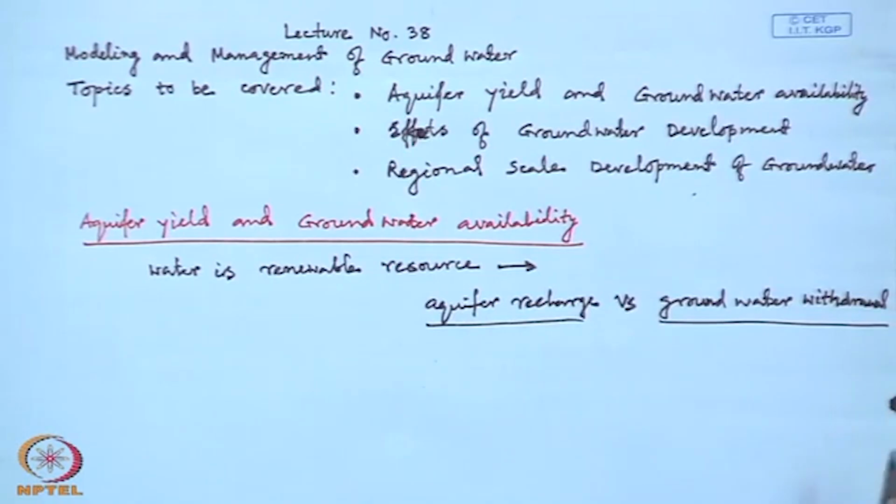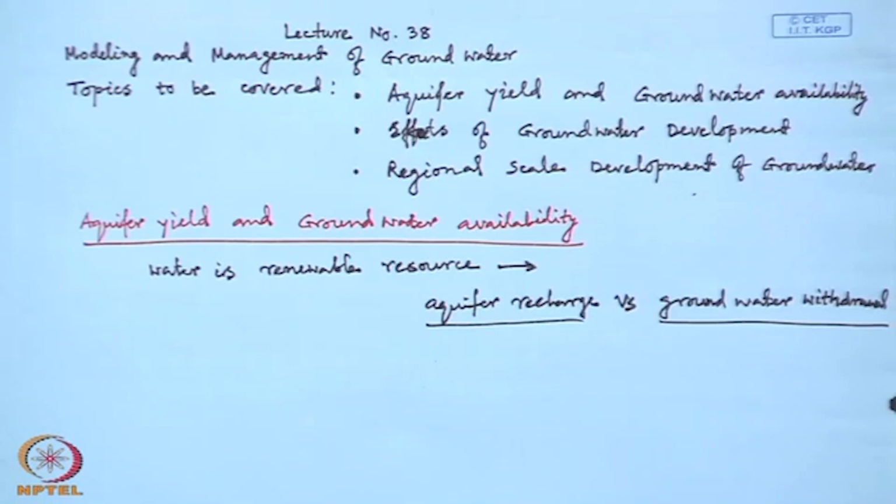So, if a recharge is coming, then we should also consider the groundwater withdrawal from a groundwater management point of view, but sometimes there will be situations where our groundwater withdrawal is more than our groundwater recharge.